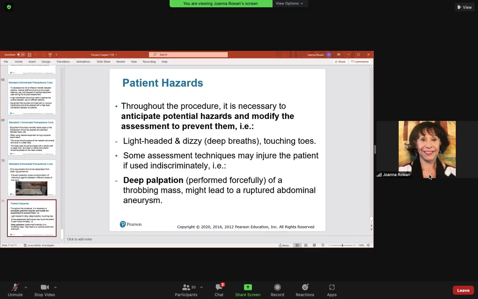Patient hazards: throughout the procedure, it is necessary to anticipate potential hazards and modify the assessment to prevent them. Lightheadedness and dizziness because of deep breaths.